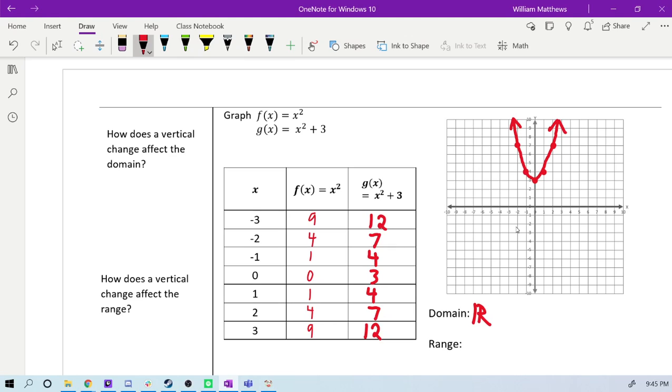Now, unlike the last one where we moved our function downwards, this time we moved it up, changing our range to be greater than or equal to 3. Still, yet again, our range is going to be greater than or equal to our d variable. In this case was a positive 3.